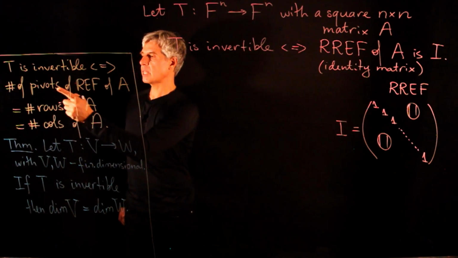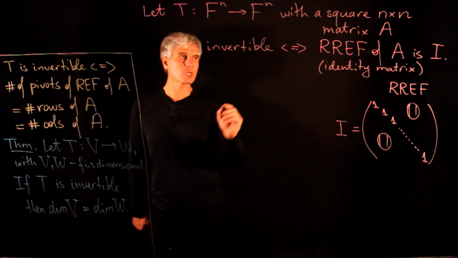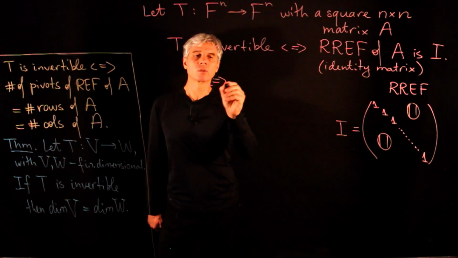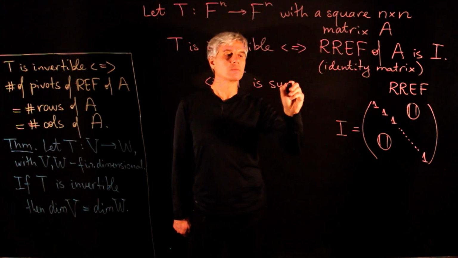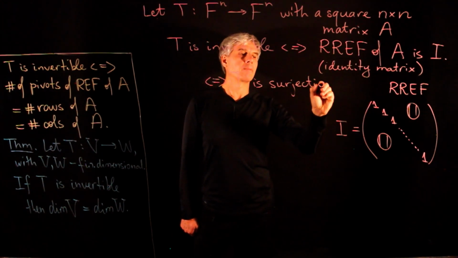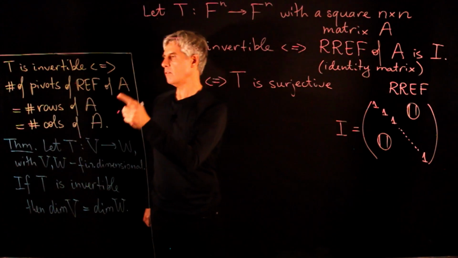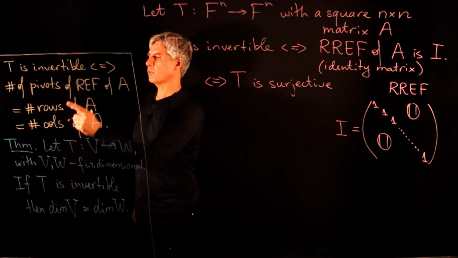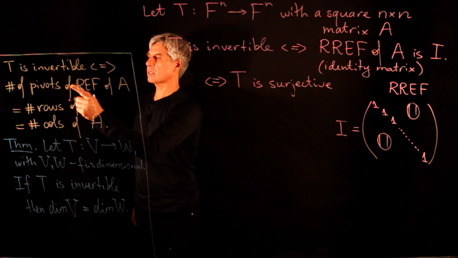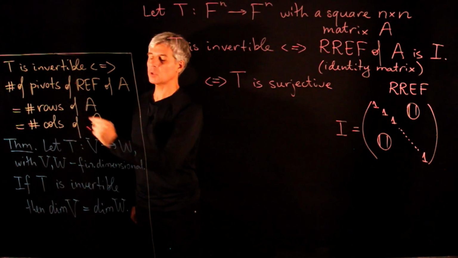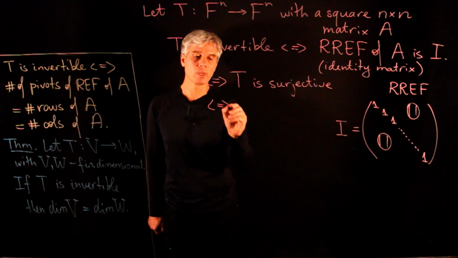But equality of the number of pivots to the number of rows is equivalent to the fact that T is surjective, because surjectivity is the equality of number of pivots to the number of rows. And injectivity is the equality of number of pivots to the number of columns.